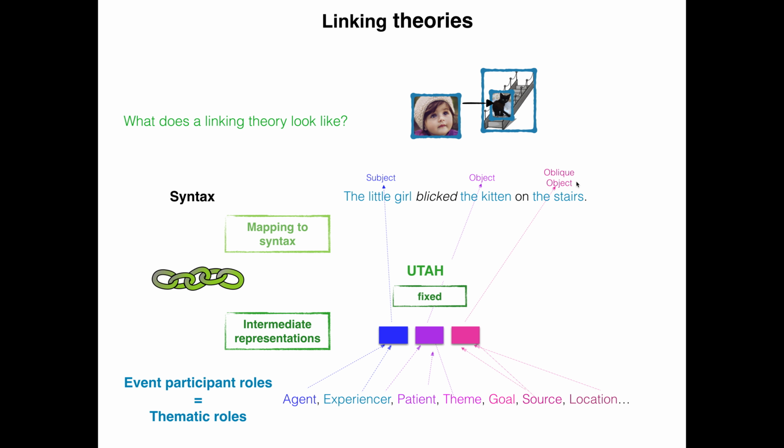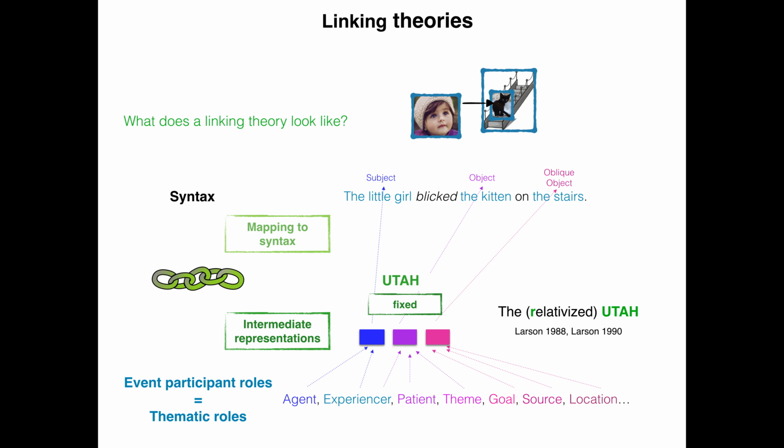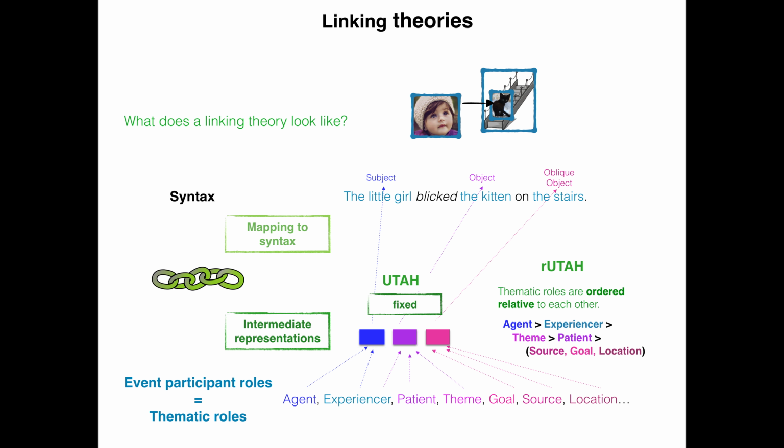So that's UTAH. Now, an alternative is a relativized form of this, relativized UTAH. And the idea here is that the intermediate representation is a hierarchy, an ordering of these thematic roles. We're saying maybe agent is higher than experiencer, which is higher than theme, which is higher than patient, which is higher than all these other ones, right? There's an ordering, and so whichever ones are present, you know which is highest and second highest and third highest and so on.